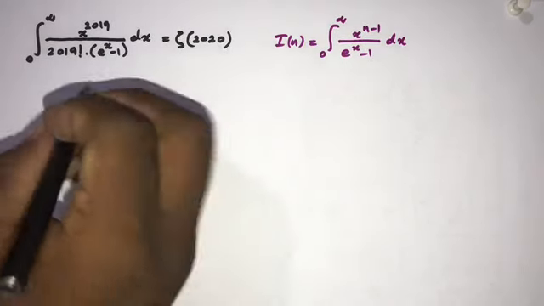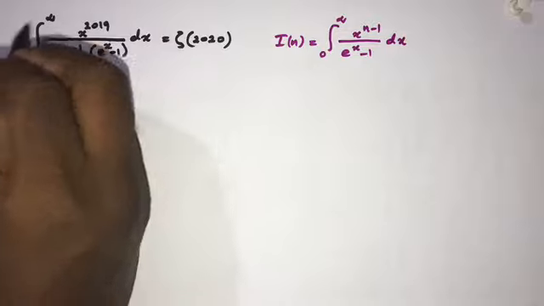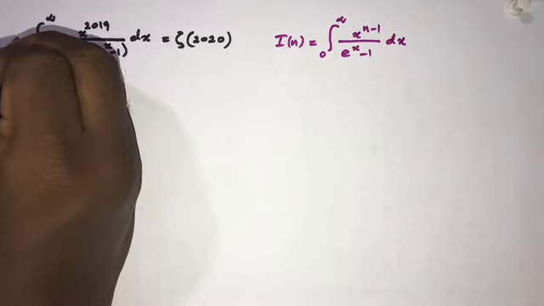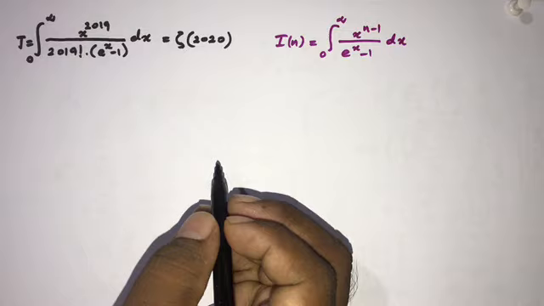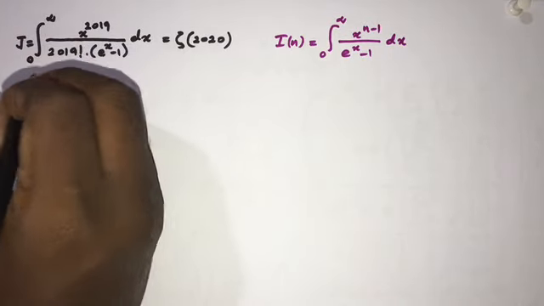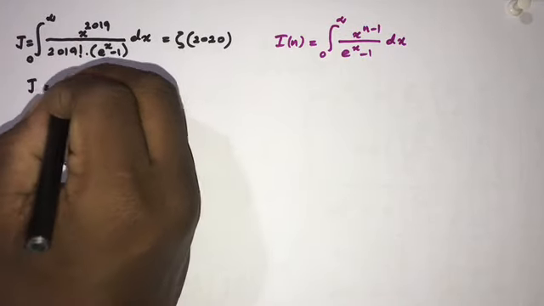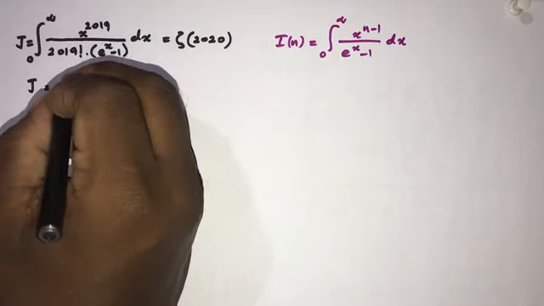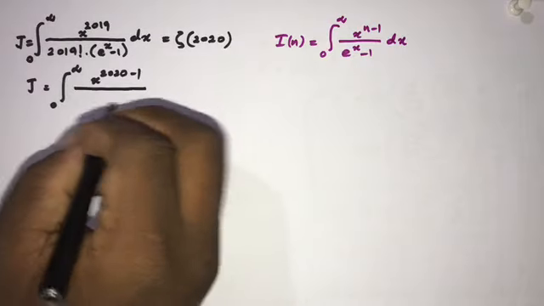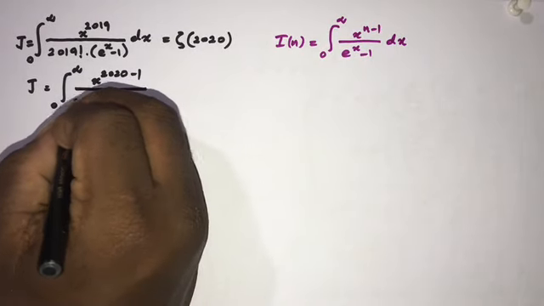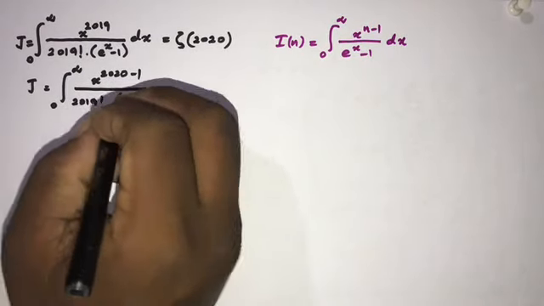Now our integral, I am going to call this J, and we can write J is equal to the integral from 0 to infinity of x to the 2020 minus 1 over 2019 factorial times (e to the x minus 1) dx.